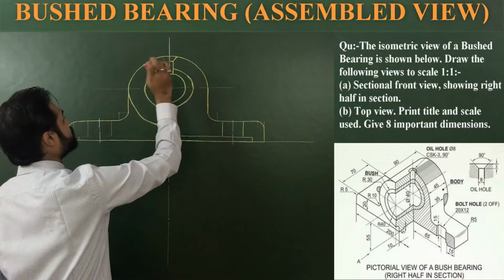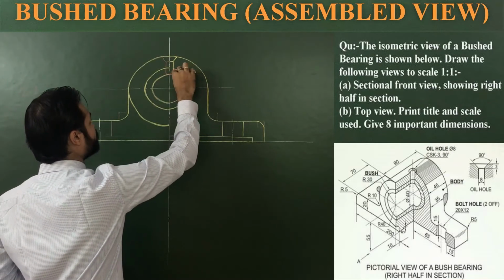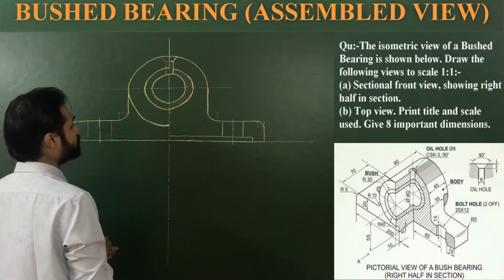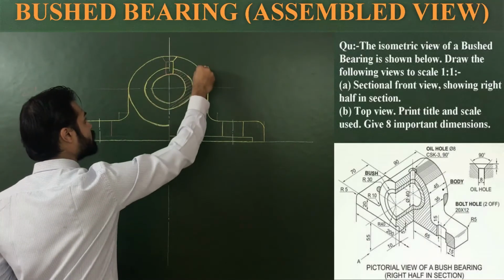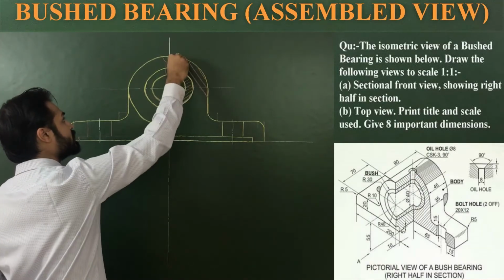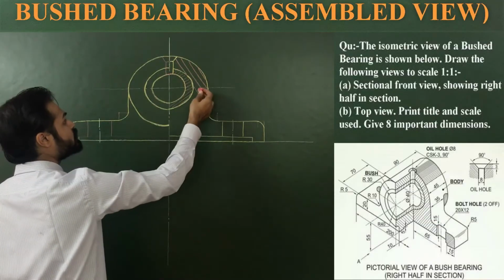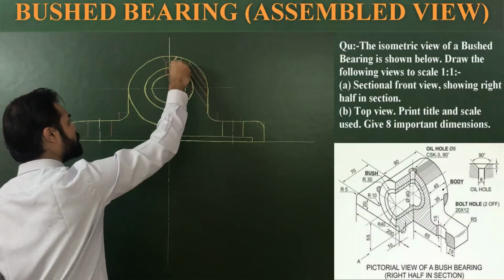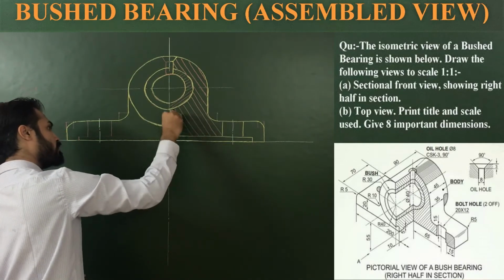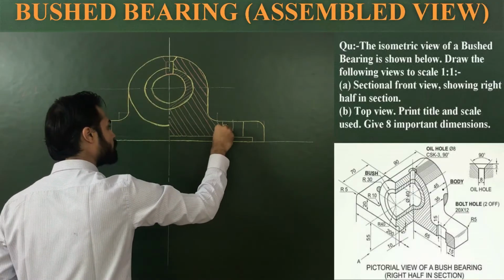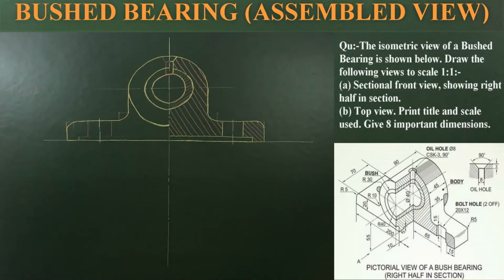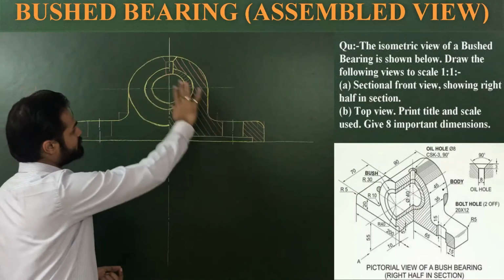So first the bush, and then for the body, draw lines parallel to each other, separated by 2 mm or 1 mm. So this is the complete front view, right half in section with hatching.